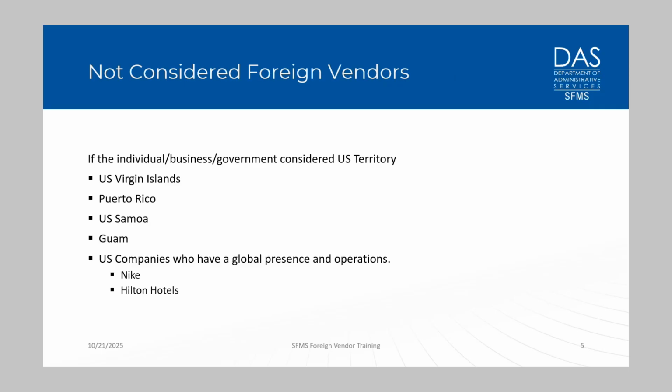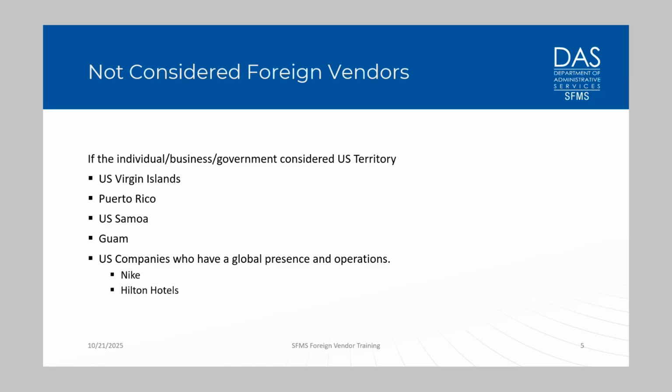We also have vendors that are outside of the 50 states that are considered U.S. entities. So these are not foreign vendors. U.S. Virgin Islands, Puerto Rico, U.S. Samoa, Guam, and there are also U.S. companies that have a global presence. So a Hilton in China is a U.S. company.